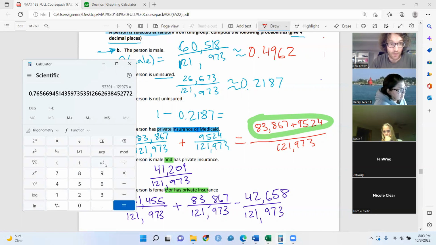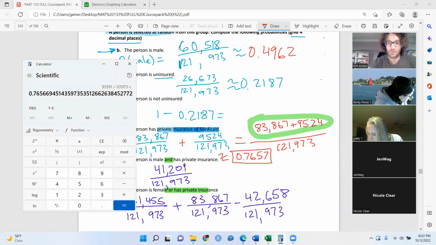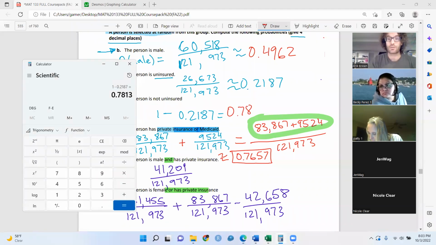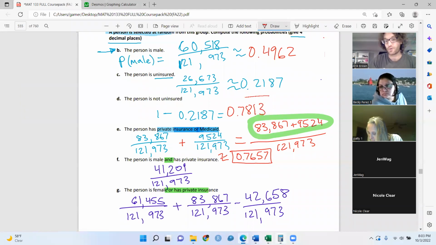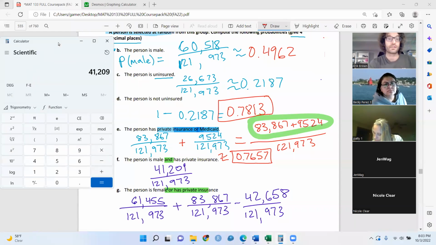Why? You tell me why. Why did we do that? Because we don't want the 42 on there twice. Yeah, it's double counting those females. They got counted twice and there wasn't twice that many people in the survey, right? So we created a false reality. So we have to subtract that out to keep it correct.